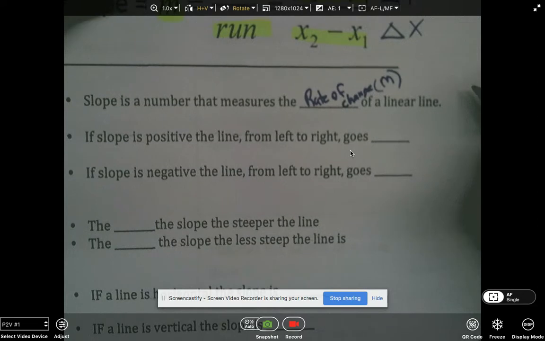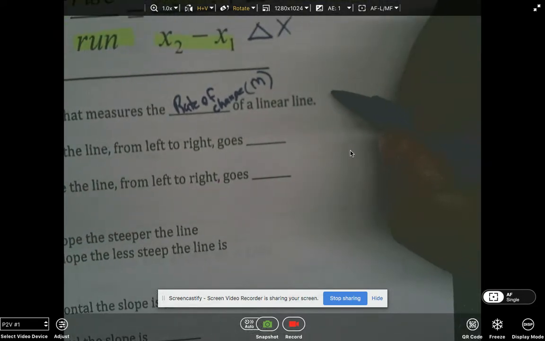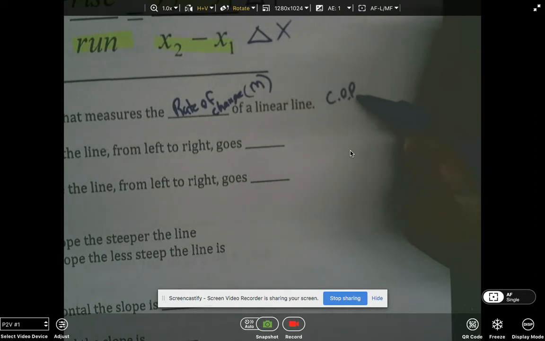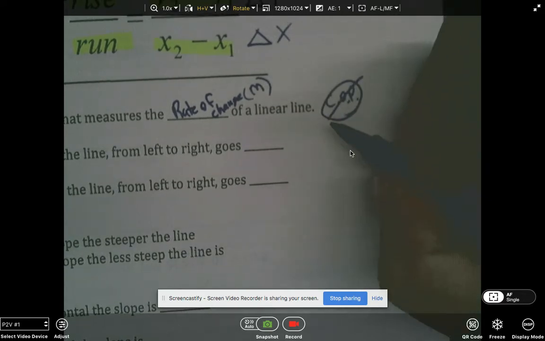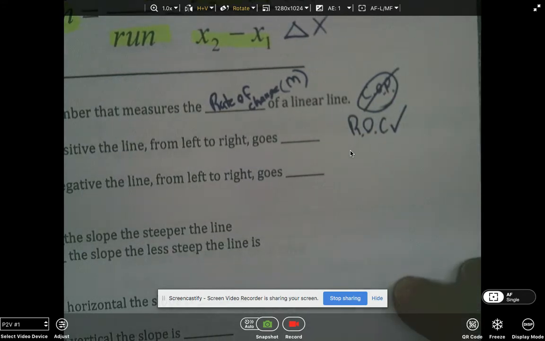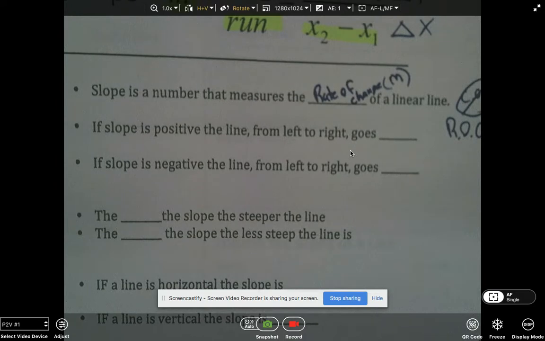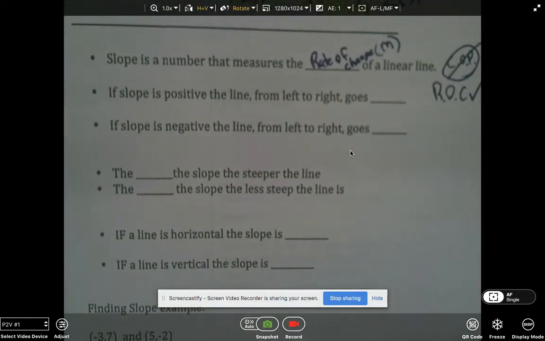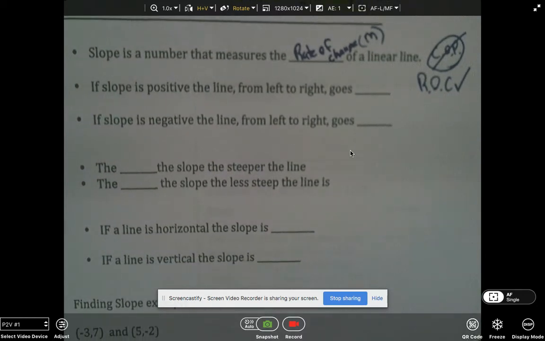In 7th grade, you might have called it the constant of proportionality, COP. But in 8th grade now, we refer to it as the ROC, rate of change. Okay, so I'm going to pause the video here, and to get some more basics on slope, we're going to introduce Slope Dude and his awesome analogy between skiing and slope, and we'll look at some videos that other kids made last year.